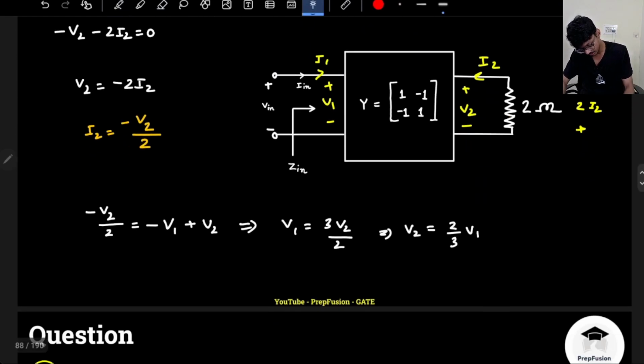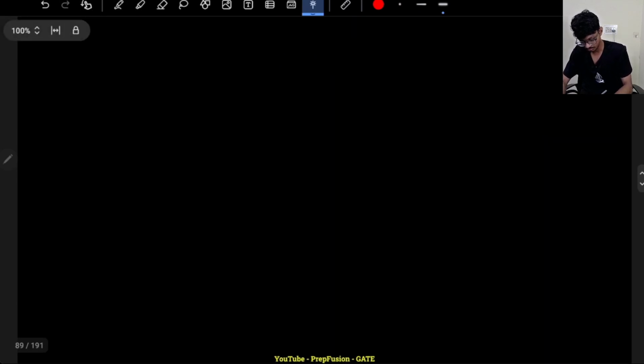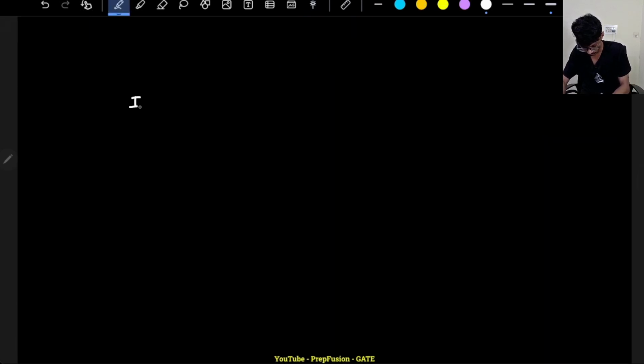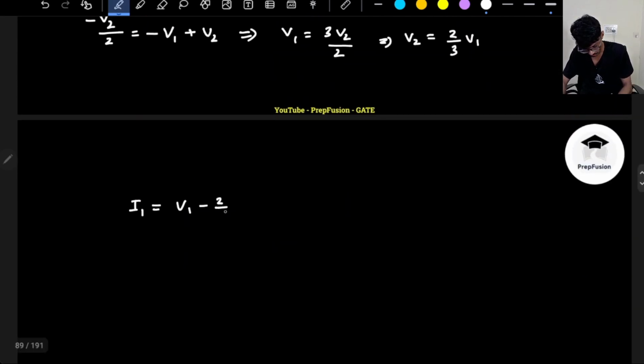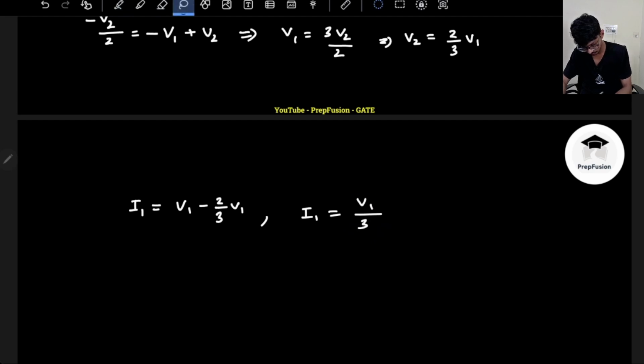So I1 equals V1 minus 2 by 3 V1. So I1 is equal to V1 divided by 3. So from here I can directly write the ratio of V1 by I1.